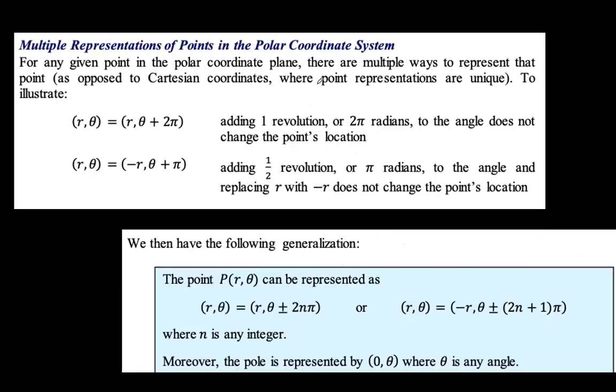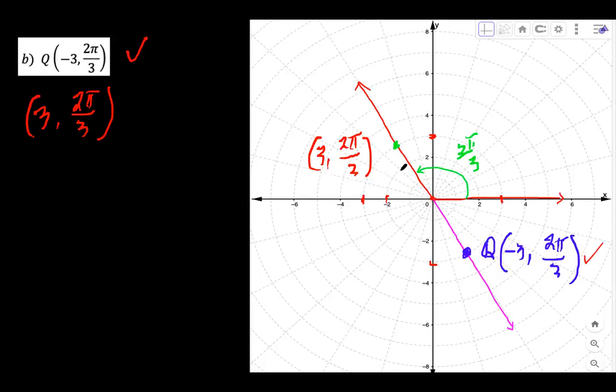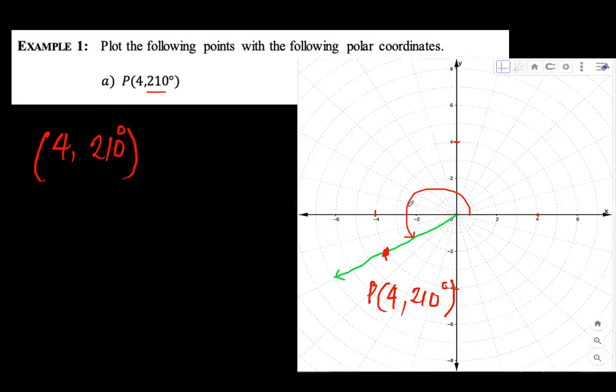Now let's go to identify some multiple representations of points in the polar coordinate system. What does this mean? This means, guys, that in a given polar coordinate, there are more than one coordinates that can be associated to the given point. So for example, let's move on to example letter A. So we talk about this point, which is 210 degrees.